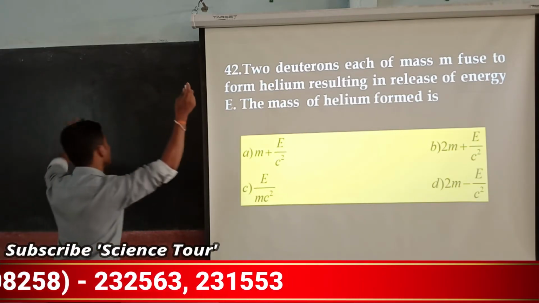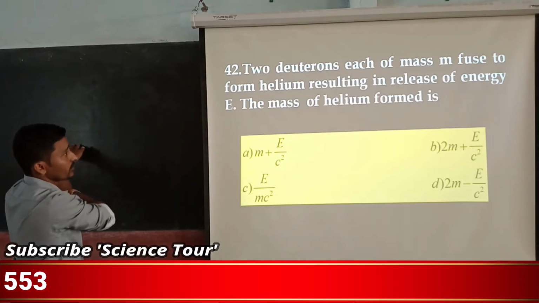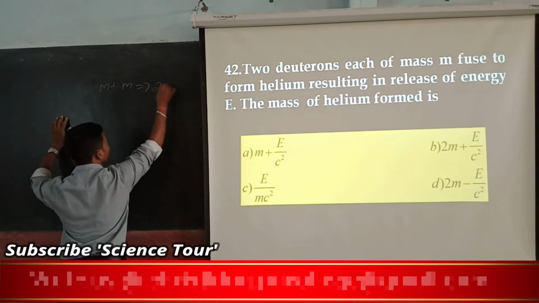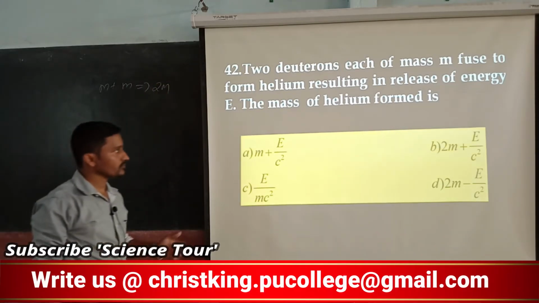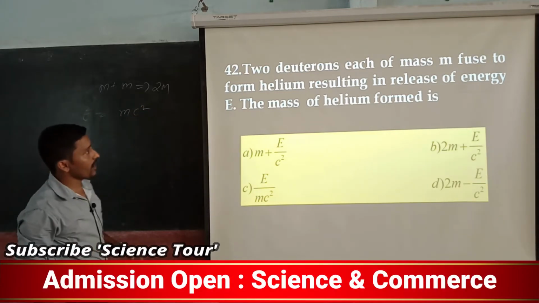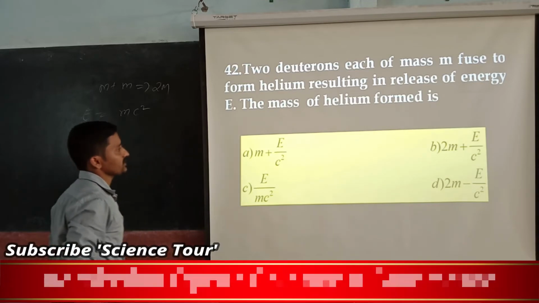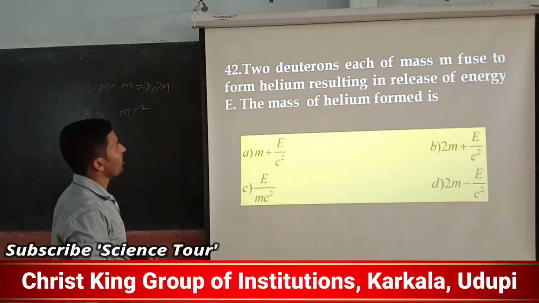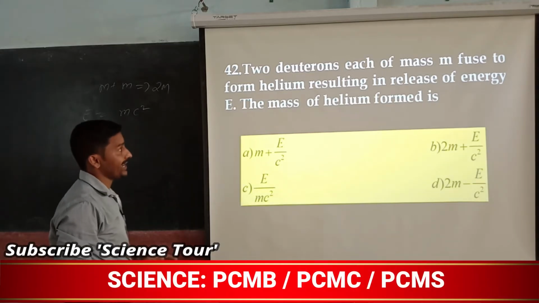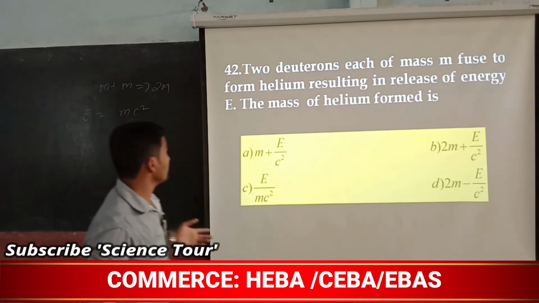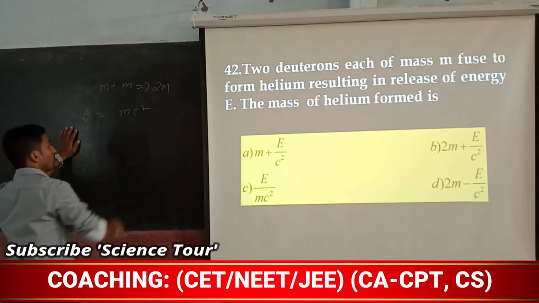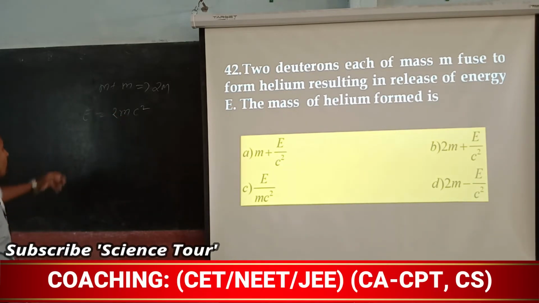See, 2 deuterons of mass m, that is m plus m, total mass becomes 2m, isn't it? So E is equal to mc square. No, the mass of the helium formed is what you have to find out. 2 deuterons each of mass m fused to form a helium, resulting in release of energy E. So E is released, and the mass of helium formed you have to find out.